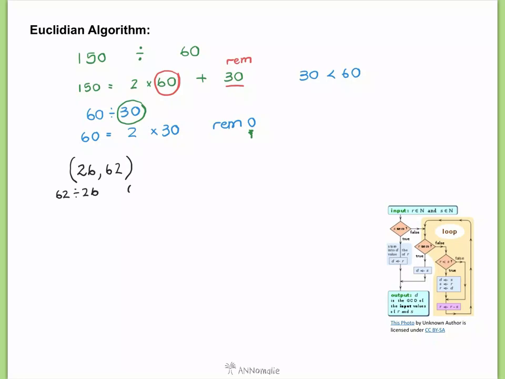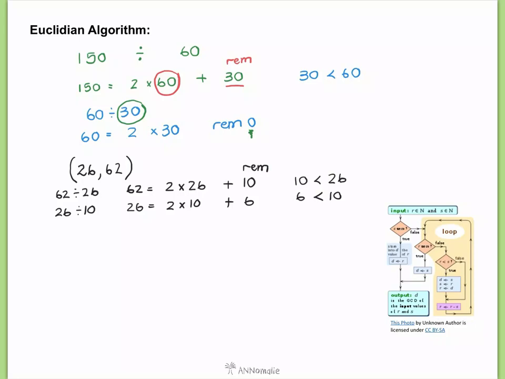And we find that 62 is equal to 2 times 26 plus a remainder of 10. And we confirm that 10 is less than the divisor. Then we take 26 divided by 10, and that is 2 times 10 and a remainder of 6. 6 is less than 10.